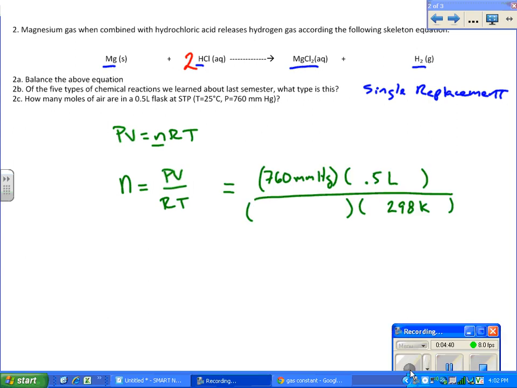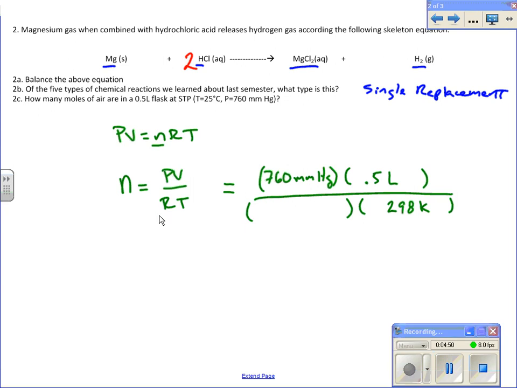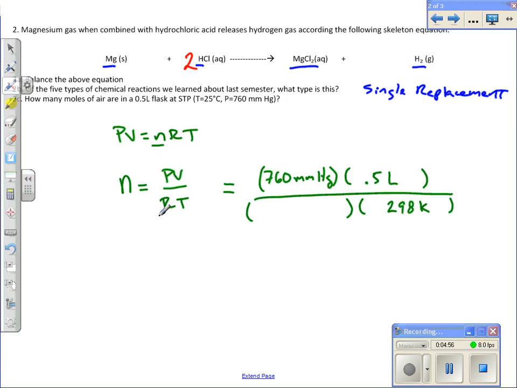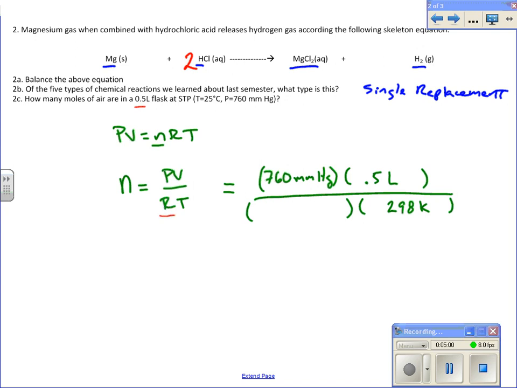So the setup of PV equals nRT is pretty simple. We put in what we know: 760 millimeters of mercury for pressure, half liter volume, 298 Kelvin is the temp. So the only thing we have to figure out, right, is what that value for R is going to be. And of course, we're always given a table of values to look up. We're going to look for something that's got these units: liters, and millimeters of mercury for pressure.